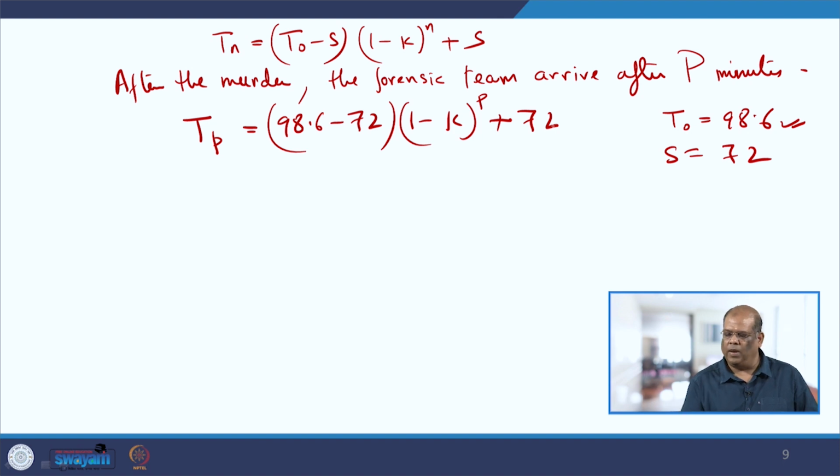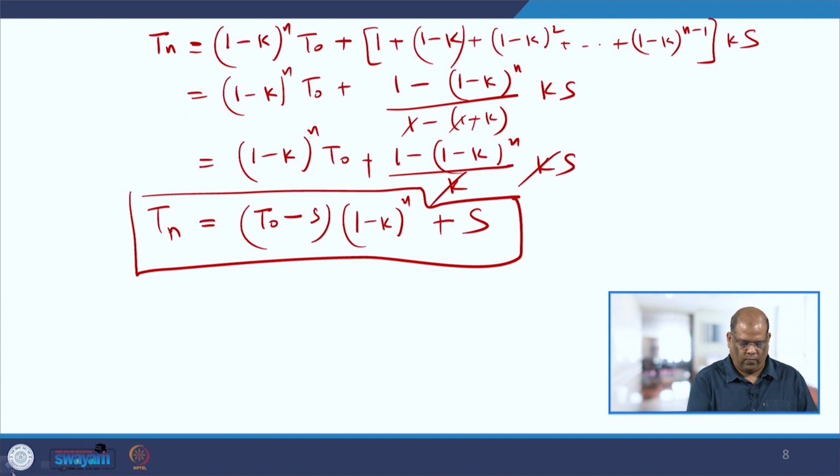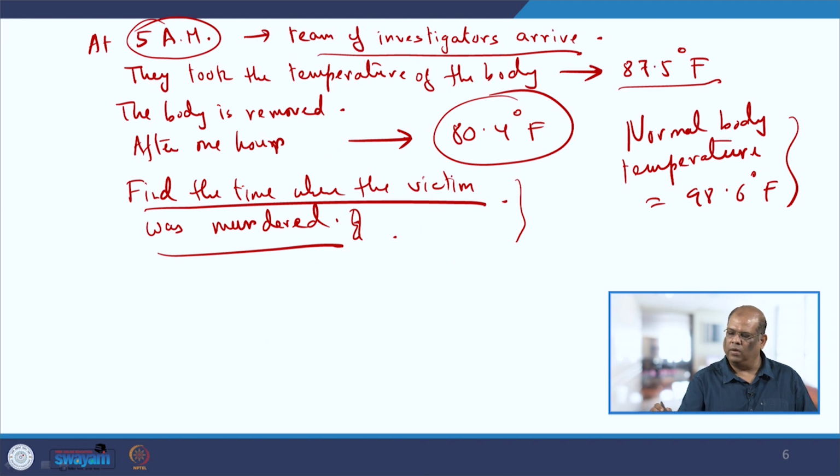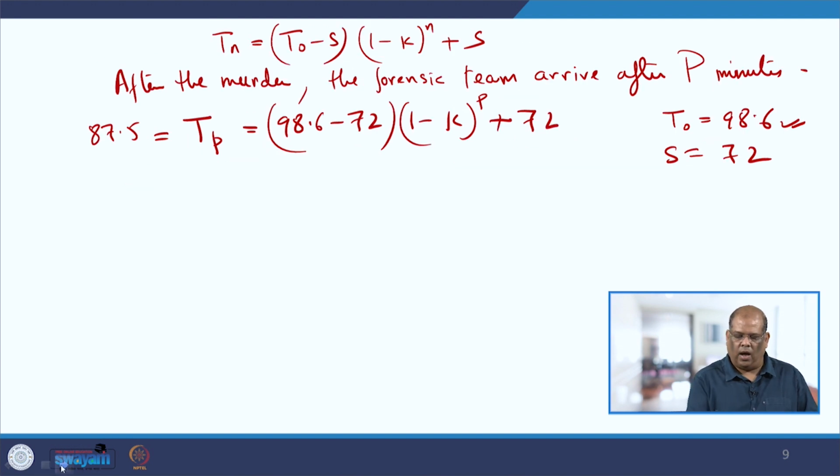So, after p minutes, this temperature was found to be 87.5. I guess this information was already given here. The first one was 87.5 and the second one was 80.4. And after 1 hour, if I write it in minutes, this is p plus 60.